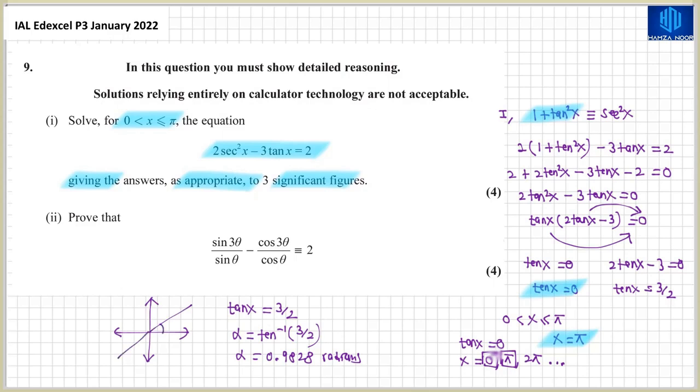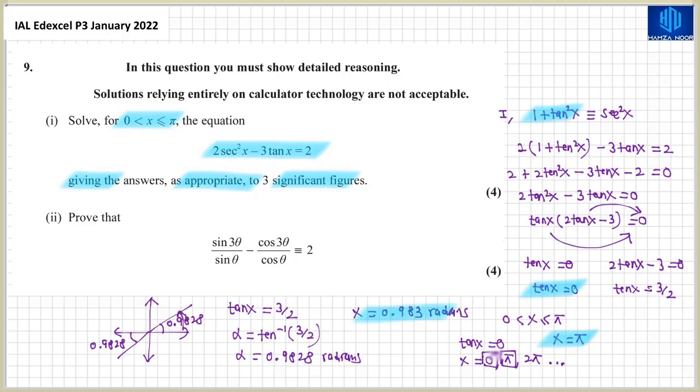So 0.9828 here and 0.9828 here. As the interval is from 0 to π, we have only one possible solution, and we need to give our answer correct to three significant figures. Therefore x equals 0.983 radians is another solution to our equation.